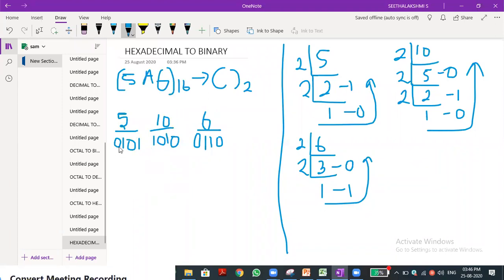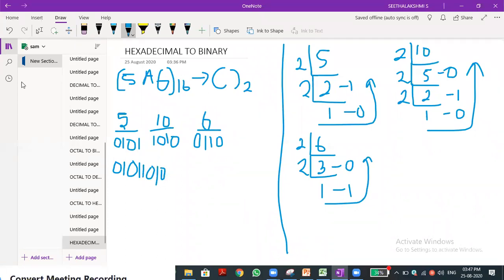So what is the number? It started with 0, so we can omit the 0. If the first number is 0, we can omit it. For your understanding, I will write all together. What is the value for 5? 0 1 0 1. Then for number 10, what is the number? 1 0 1 0. Okay.